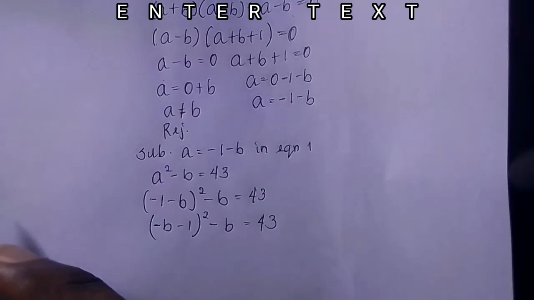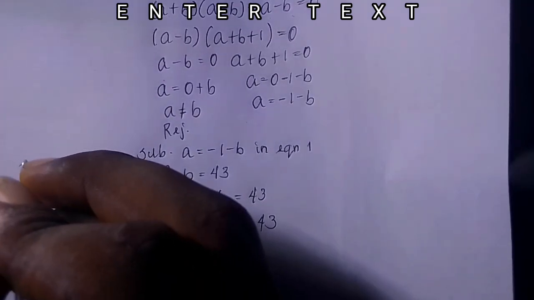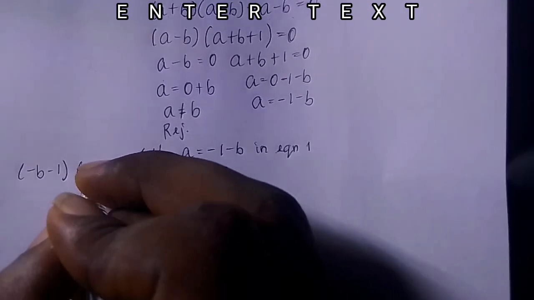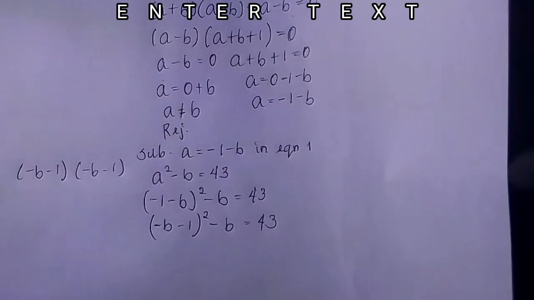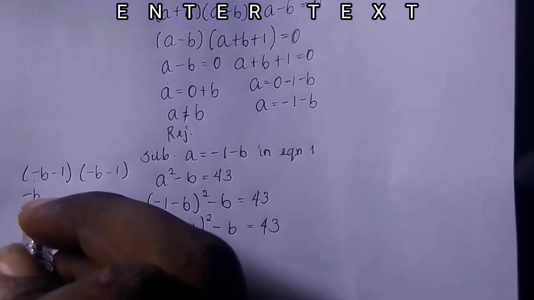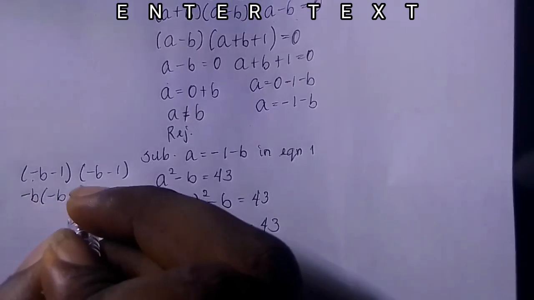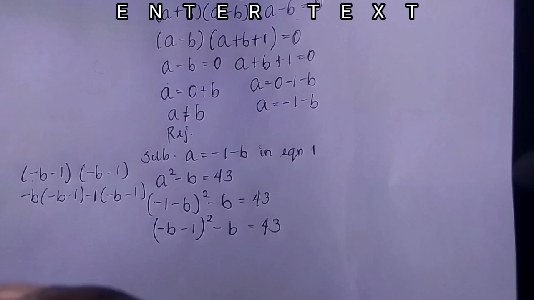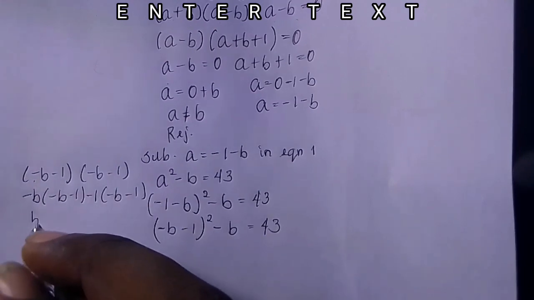Now what does minus b minus 1 squared give us? So let's do it here. Minus b minus 1 squared, which is minus b minus 1 times minus b minus 1. Minus times minus is plus, that's b squared.